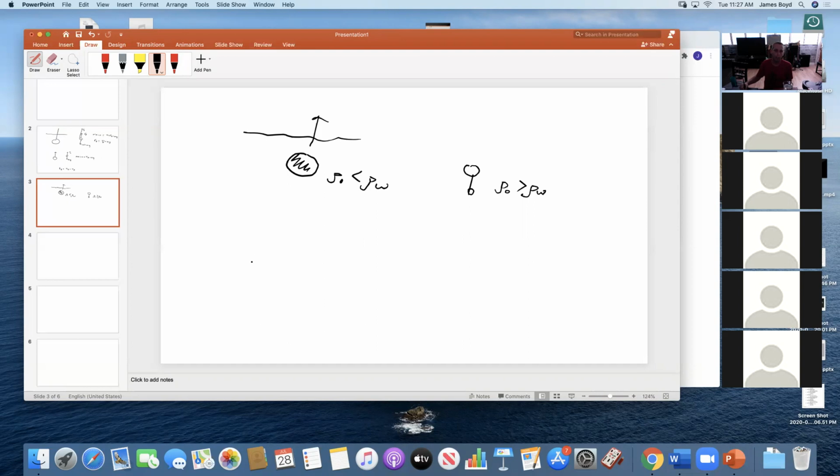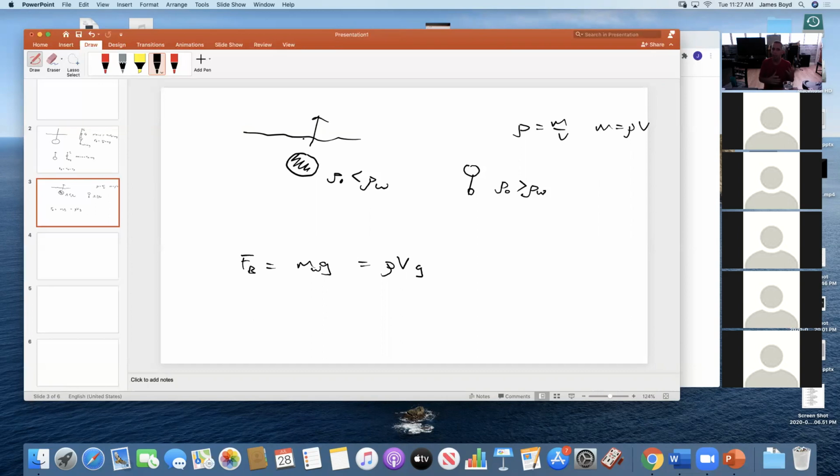But we can come up with an expression for the buoyant force that is the mass of the water, okay? Now, the water is the water displaced, which means that this is the density, because density is mass over volume, or mass is density times volume. The density times the volume of the water times g. But the volume of the water is the same as the object, right?